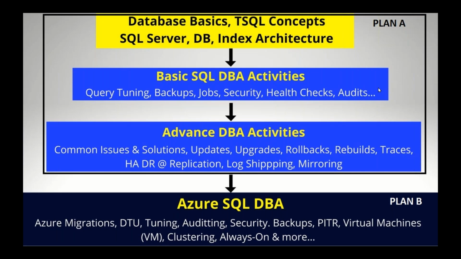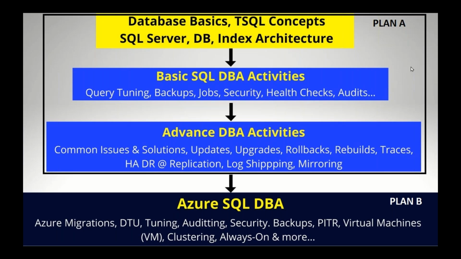Let's start with yellow box first. The moment we step into the basic DBA activities, at that time in parallel, if you wanted, you can do the Azure DBA part in some other schedule if you are okay with it, depending on your time frame, practice, and other activities. More importantly, the comfort on the technology.